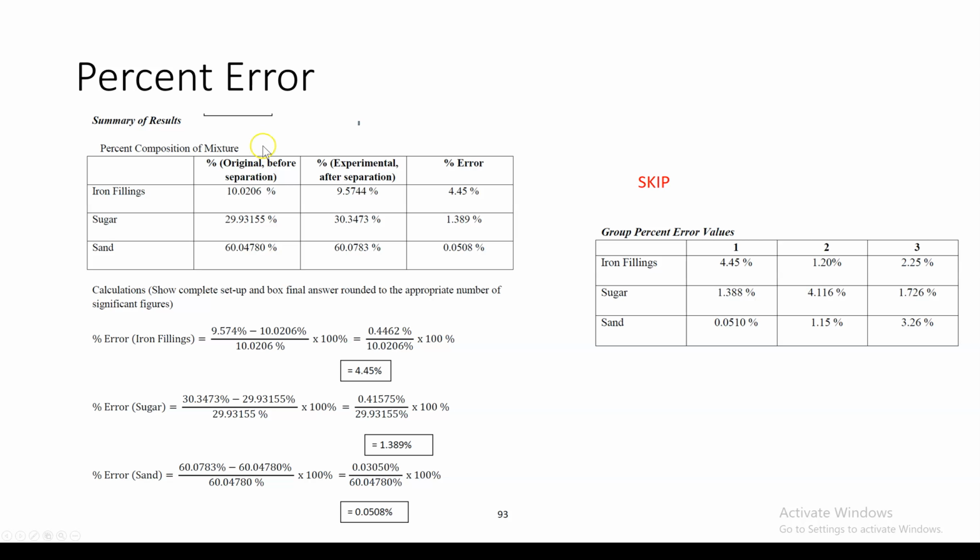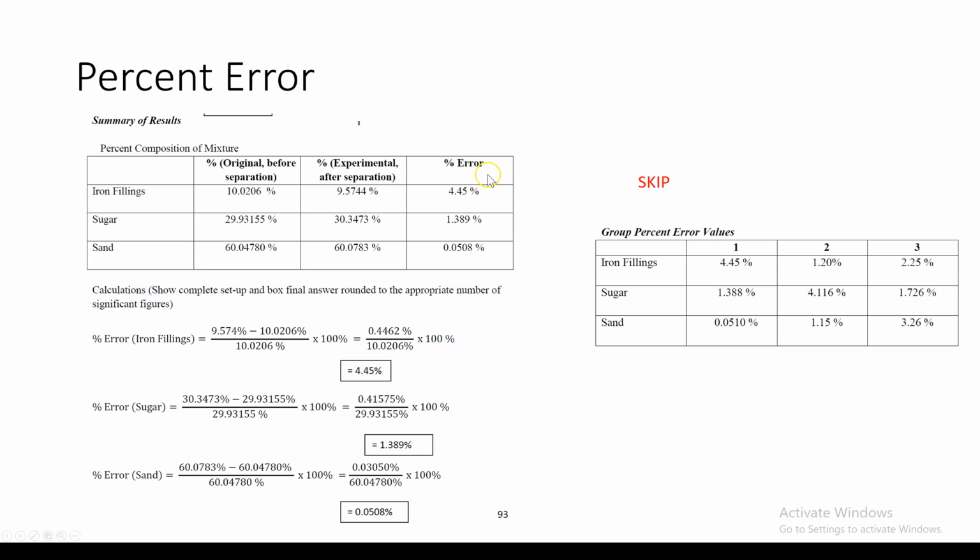And after we took out a smaller part of it and separated it to determine the experimental percent composition, this is what they would be. And we can then calculate the percent error because we can see these two values right here are not the same thing. They're close together, but they're not the same, and there is some error in it.